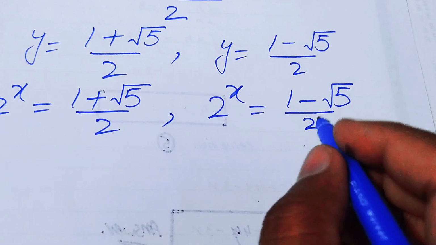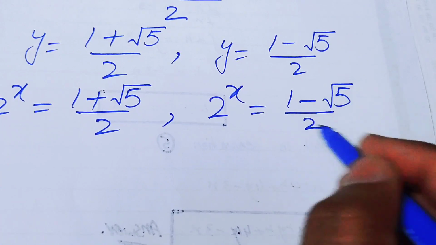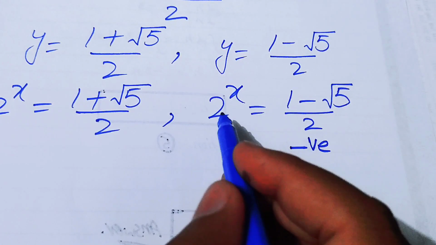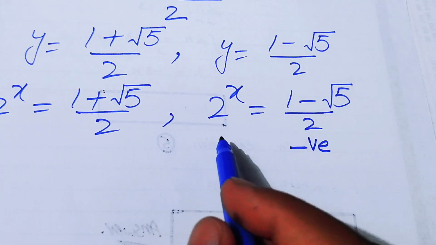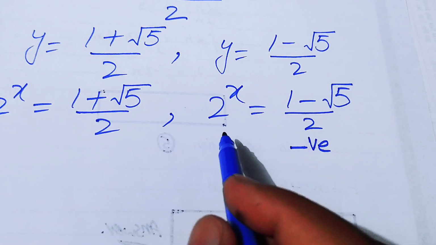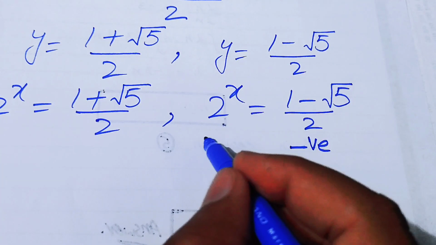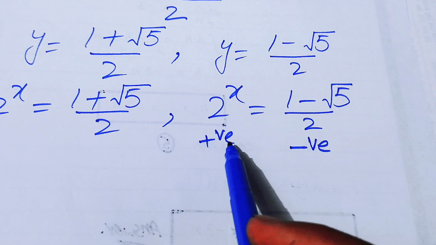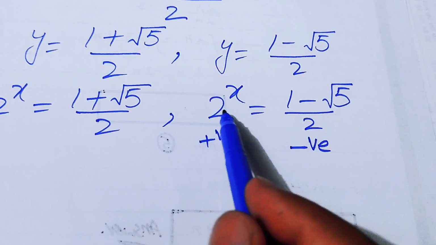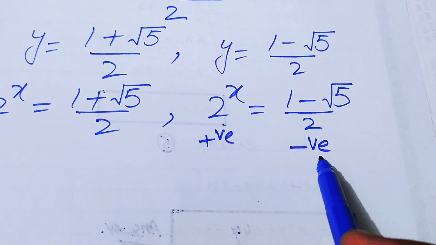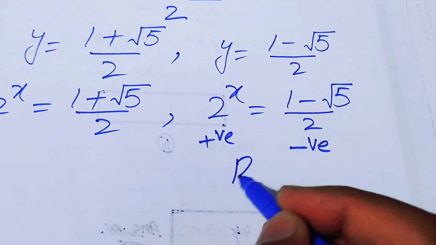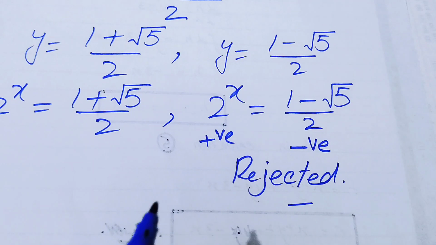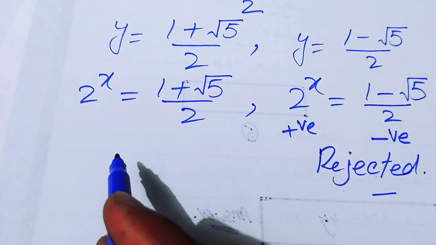In the right hand side you will easily get that the answer of this term is negative, and here you have exponential function, and you know that an exponential function always gives a positive answer. So this side is positive, and it cannot be possible that a positive value is equal to a negative, because an exponential function cannot give a negative value, so it is not possible, and so we will reject this case, and we just proceed with this case only.